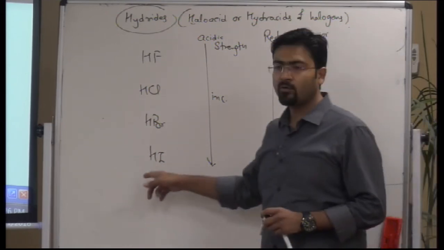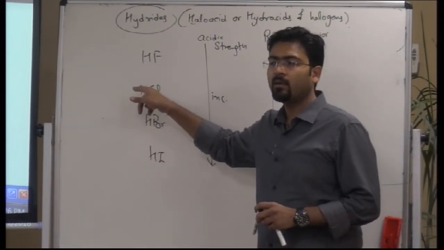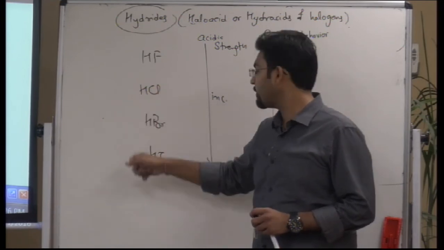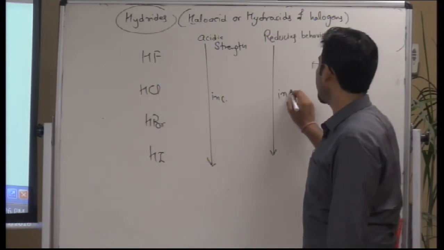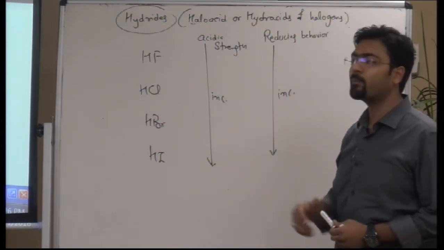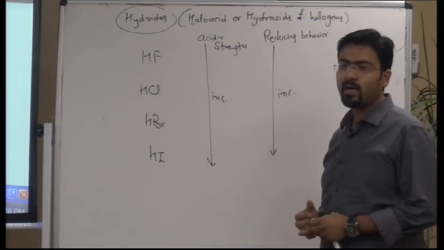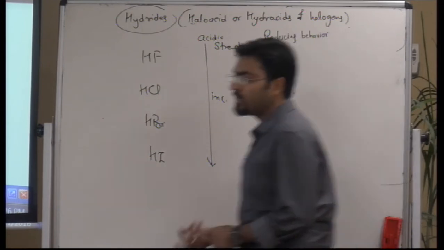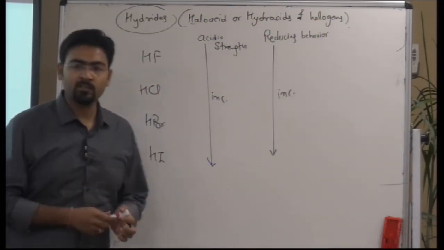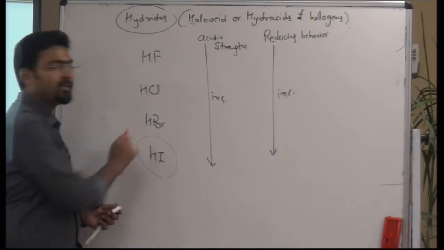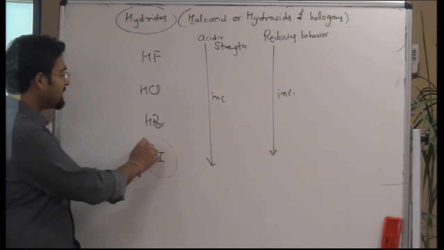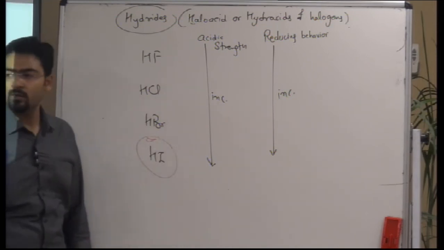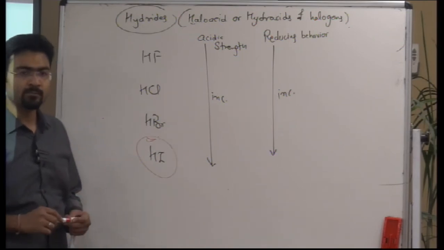So nascent hydrogen can be removed most easily from HI because of the larger bond length. So reducing behavior will increase down the group. So HI is a better reducing agent than HBr, which is better than HCl and then HF. In fact, if you have seen many reactions, HI is used as a reducing agent. HBr and HCl are not. So HI has significant reducing behavior, which can be utilized in many reactions.